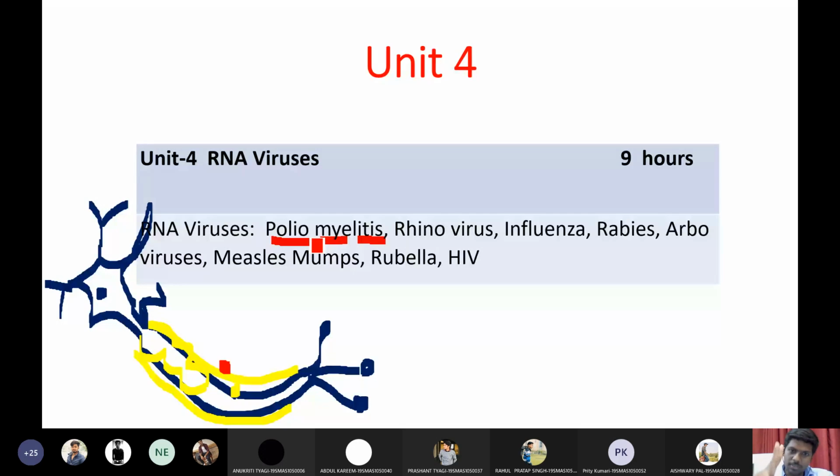In the second stage of the poliovirus infection, the poliovirus will start spreading into the phrenic nerves. These are the nerves that supply your rib cage and your lungs. Once the virus attacks the phrenic nerves or the thoracic nerves, the patient cannot breathe by himself. So he needs to be kept under mechanical ventilation to sustain his life. So this will be the second stage of poliovirus infection.